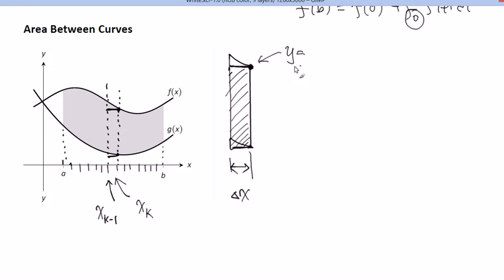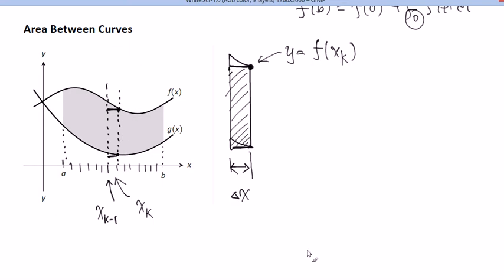Right. That's not the height. That's not the y-coordinate of that. F of x is not quite right. You need a subscript. What do you plug in here? x sub k or x sub k minus 1? x sub k, we use the right endpoint right here, right? So it should be x sub k.